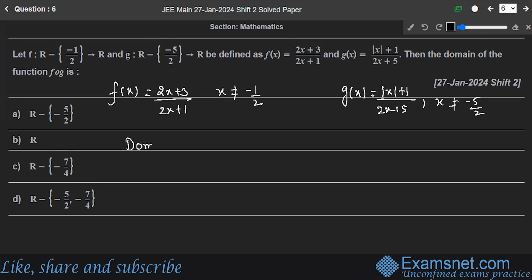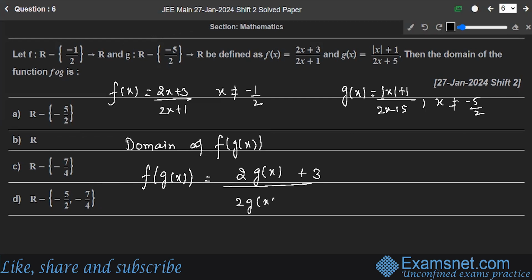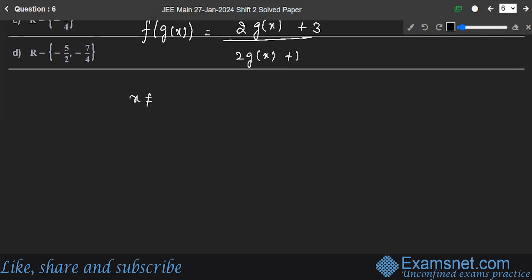So what do you have to find out? Domain of f of gx, right? So f of g of x is equal to 2g of x plus 3 over 2g of x plus 1. So one thing, x is not equal to minus 5 by 2 and mod x plus 1 should not be equal to minus 1 by 2.